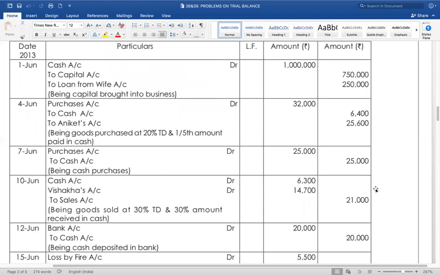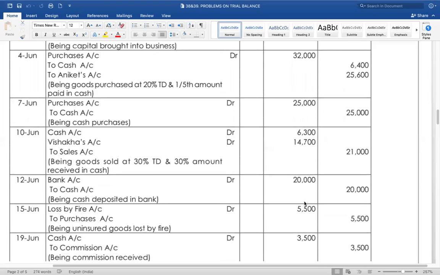The remaining is credit. 30 minus 9 is 21 because that 9,000 is cash. So from Vishaka, we are due to receive 21,000, out of which 30% is tax deducted, TD. 30% of this 21,000 is 6,300. And the remaining is 14,700 due from Vishaka.